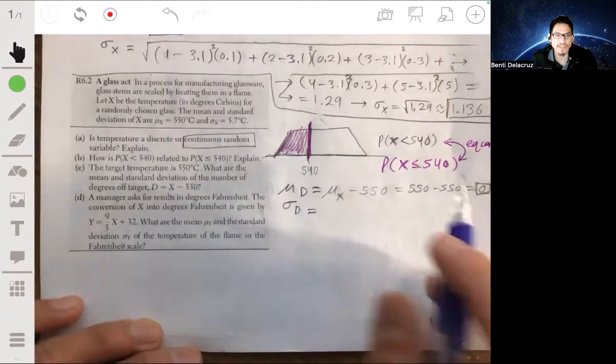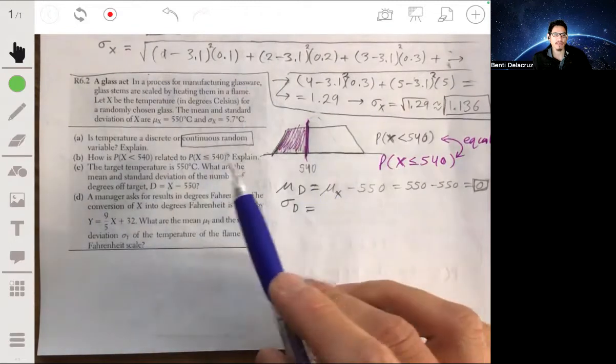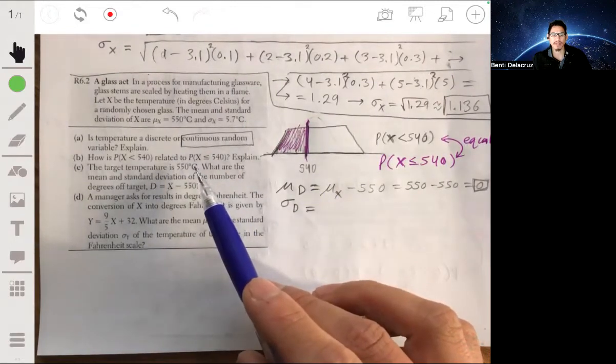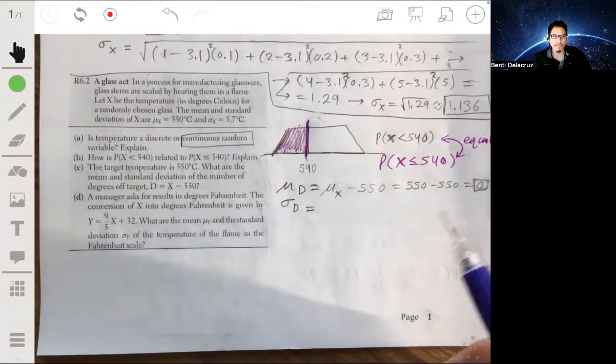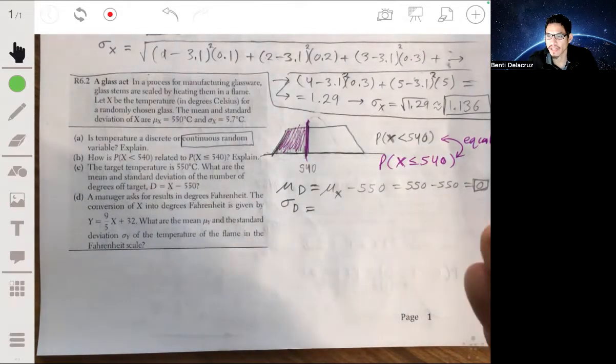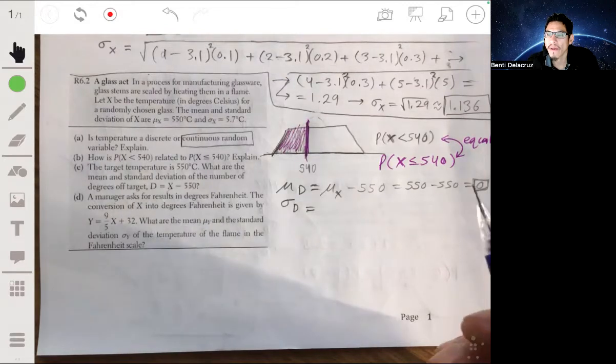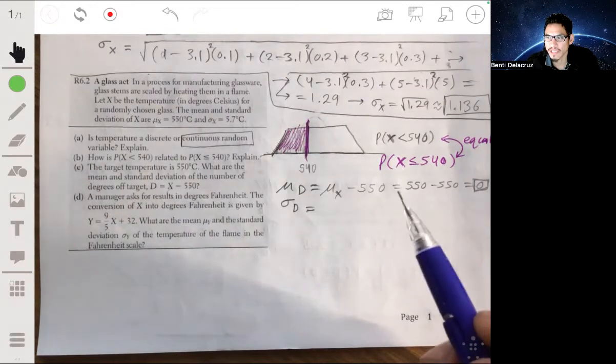That makes sense because, if the target temperature is 550, on average it's probably going to be 550. On average, it's going to be equal to it, so there's no difference. Now, the standard deviation, this is where you've got to think carefully. This one is kind of here to trick you.